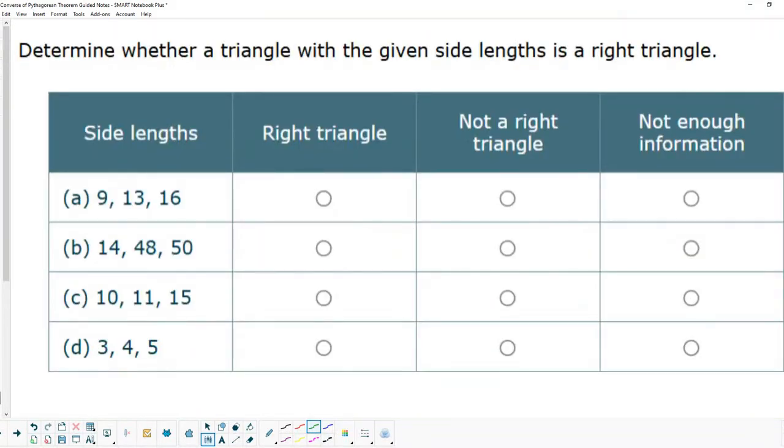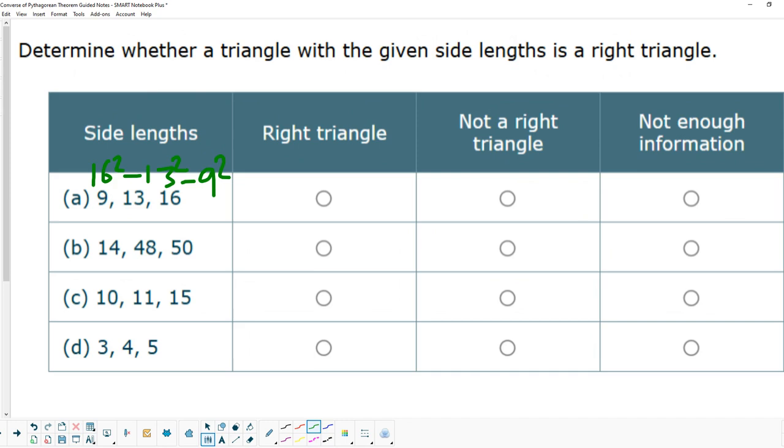All right, so to do these, this is very similar. You just have to see if the two smaller ones squared equals the bigger one squared. And you can do that by using that shortcut I just showed you. So you can do 16 squared minus 13 squared minus 9 squared. And if you get 0, it's a right triangle. If you don't get 0, it's not a right triangle.